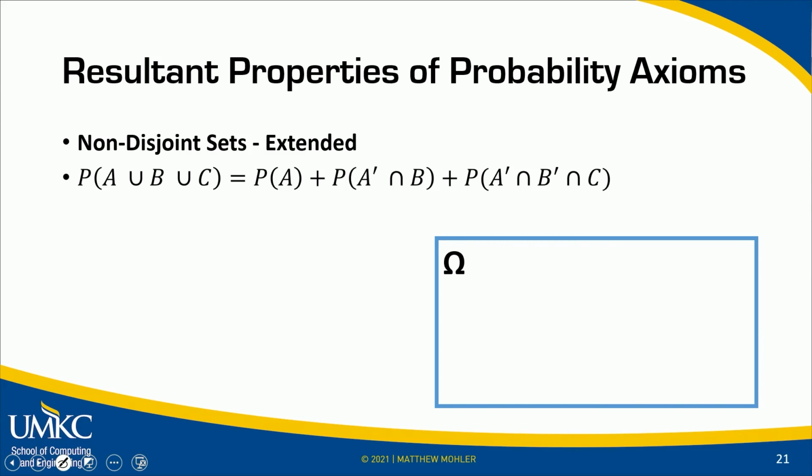Now, the next example that we'll look at is that of non-disjoint sets, and we're going to extend it to more than two elements, or more than two event areas. And so in this case, it's actually fairly simple to look at.